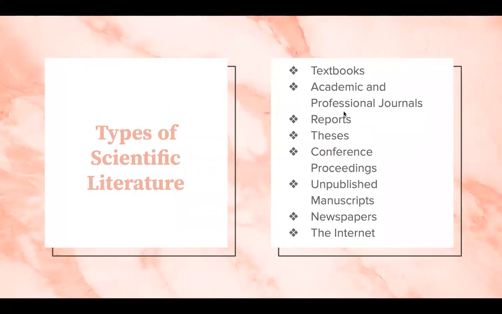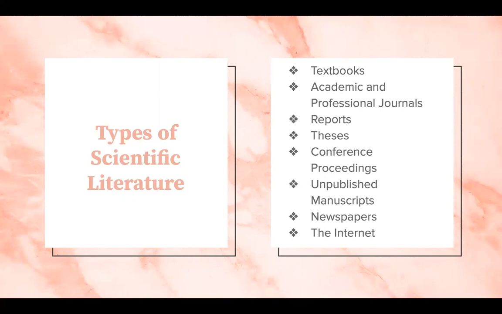So the first step of a literature review involves the identification of the various published and unpublished materials that are available on the topic of interest and gaining access to these. The quality of a literature review depends on a cautious selection and reading of books, academic and professional journals, reports, theses, and so on and so forth, available on the list.